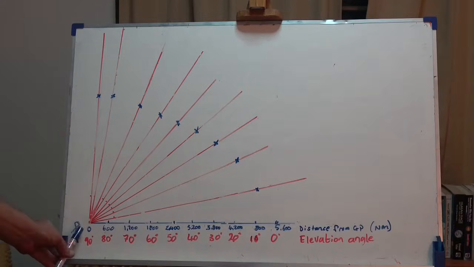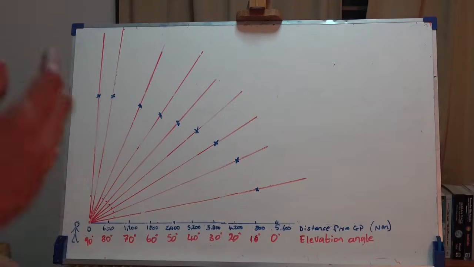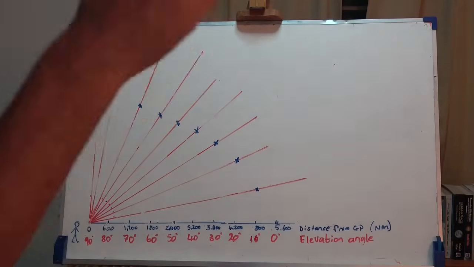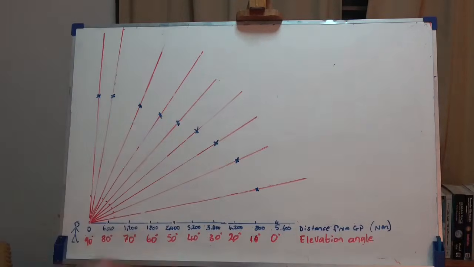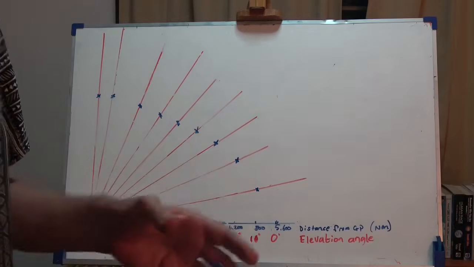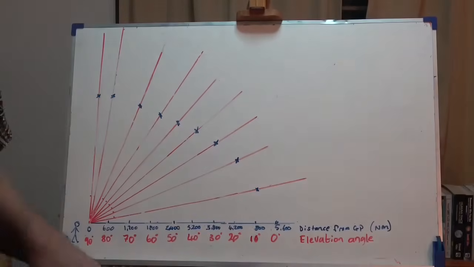So here we have an observer and we have distances from the observer. The latitude lines from the North Pole to the equator, the North Pole being 90 and the equator being 0 in terms of degrees latitude, is really just a conversion of degrees into distance across a horizontal plane.